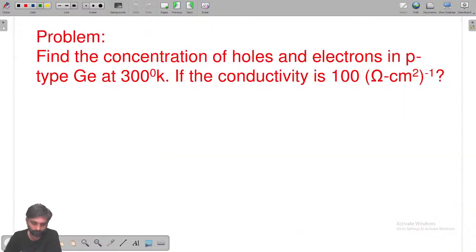Next problem. Find the concentration of holes and electrons in p-type germanium at 300 degrees Kelvin if the conductivity is 100 per ohm centimeter.